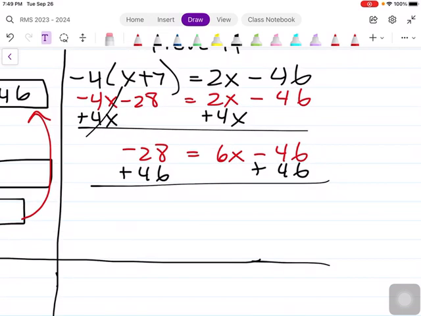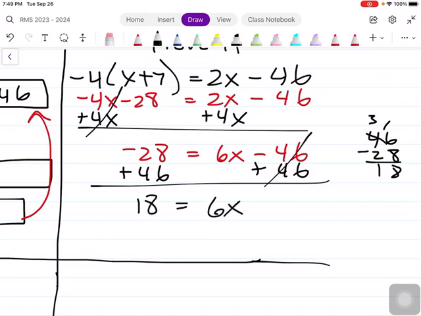So I'm going to actually end up doing 46 - 28. Remember, you do the bigger one minus the smaller one. You can use a calculator for this, but it's really not that difficult. And then you end up here, and you know that if you divide by 6, you will get x equals 3.